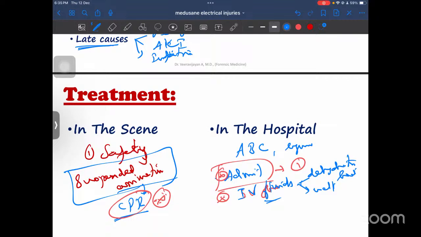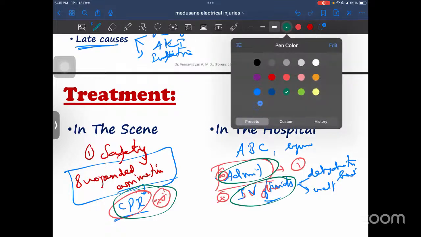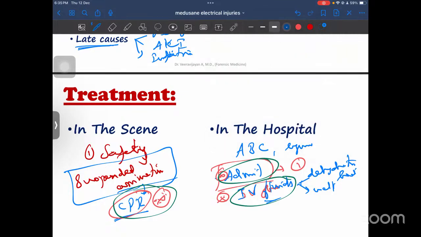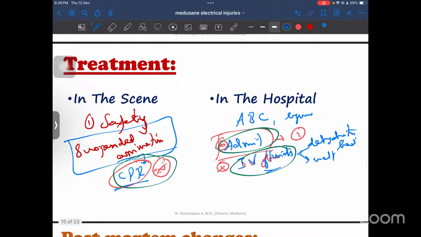These important things I want to highlight. The person will mostly be in suspended animation, so we have to prolong the CPR. That is the one thing. Another one is always try to admit the patient. Third one is give enormous IV fluids without going into pulmonary edema. These are the things we have to note in the treatment options.